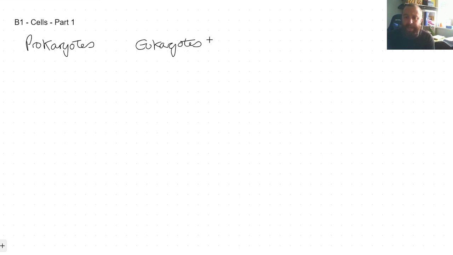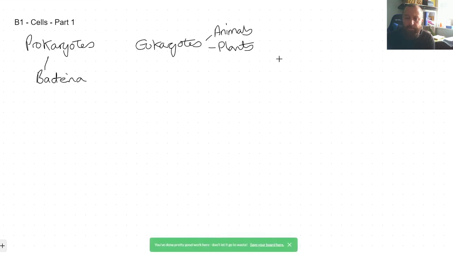So this is any multicellular organism. We're looking at animals, plants, yeast. But we're looking at multicellular. Morning, Ollie. When we're looking at prokaryotes, we're looking at bacteria. And there are some structural differences that we'll see as we work our way through. So we need to make sure we know what those two words mean. You don't need to go into loads of detail, but this is multicellular, and this is generally single cells.